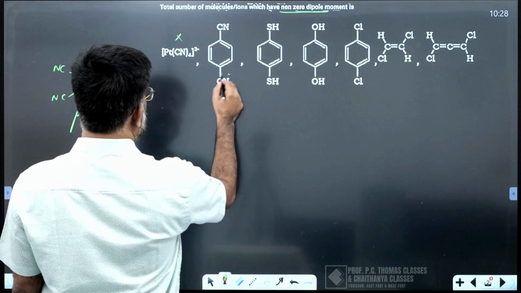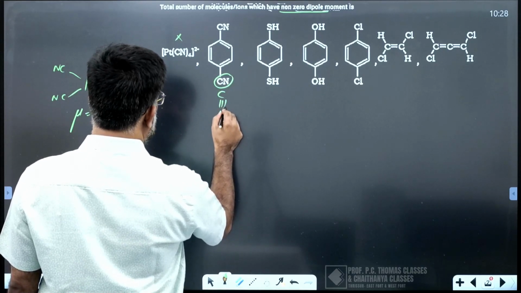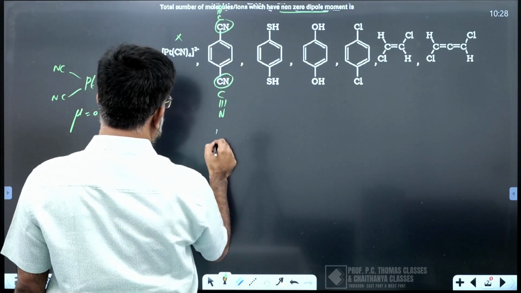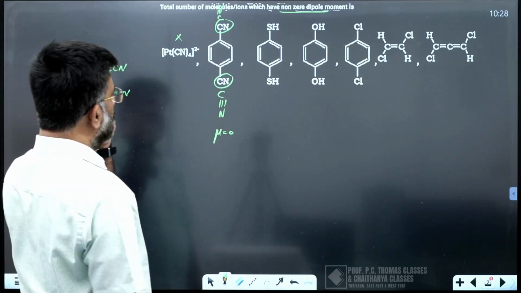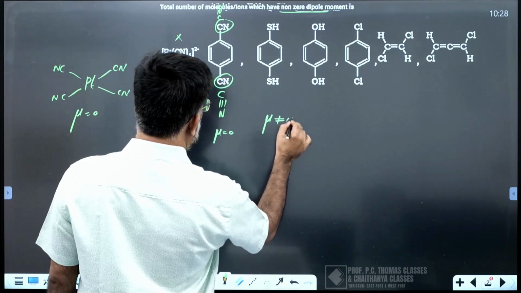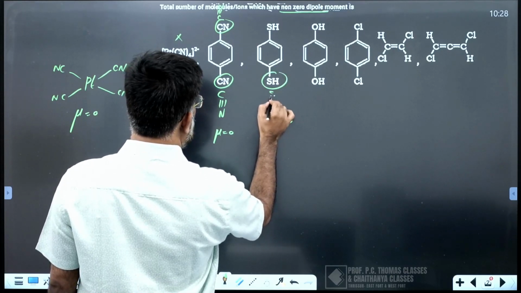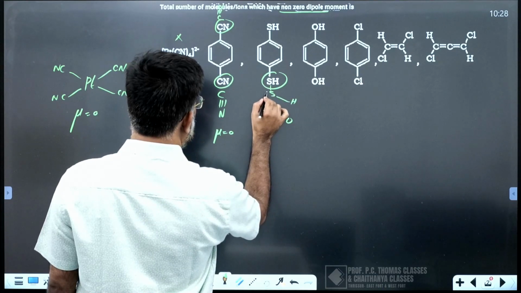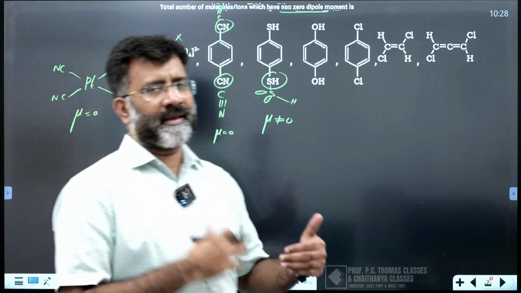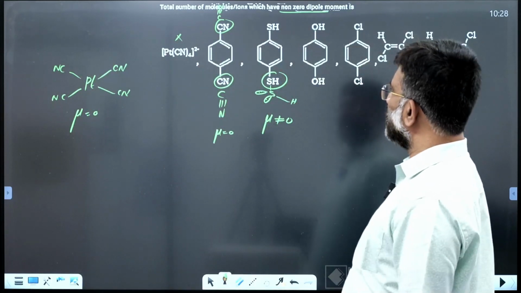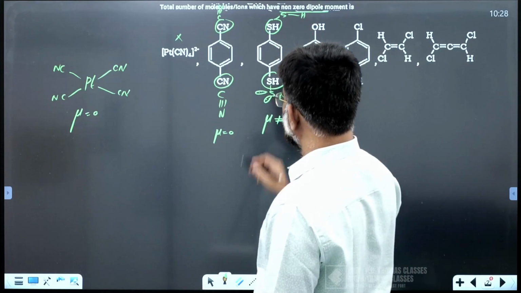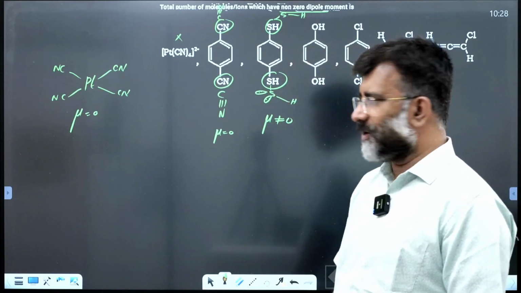This is also CN like this, and here CN like this, and the dipole moment is 0 as it is mutually cancelled. While here the dipole moment is not 0, as SH is coming like this, and there are two lone pairs. The SH will make a bend character, both the top and bottom, so the dipole moment is a non-zero value.